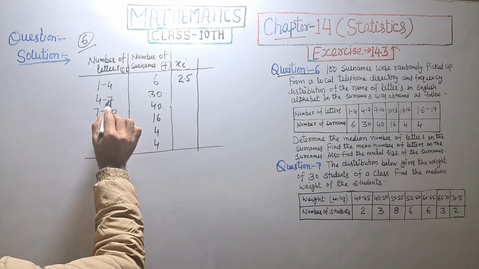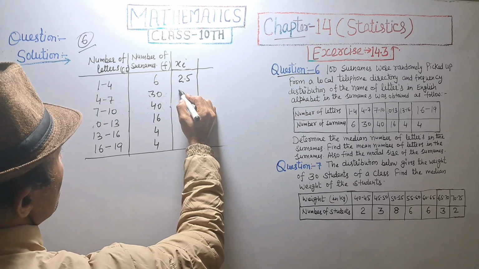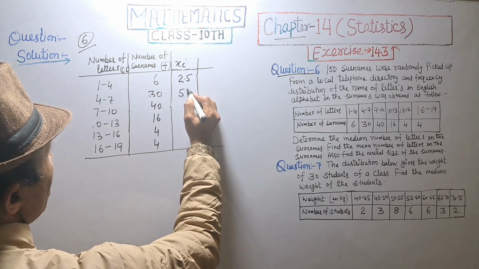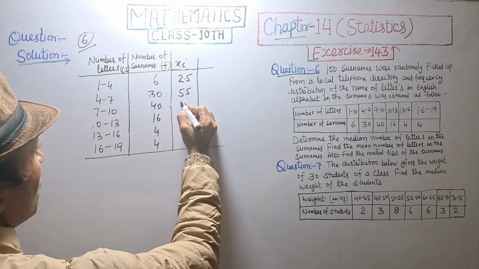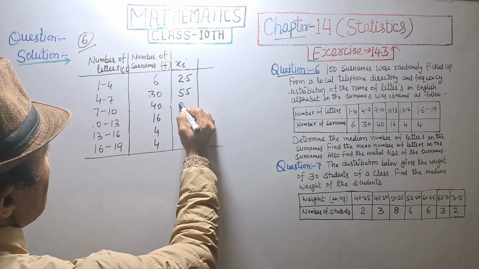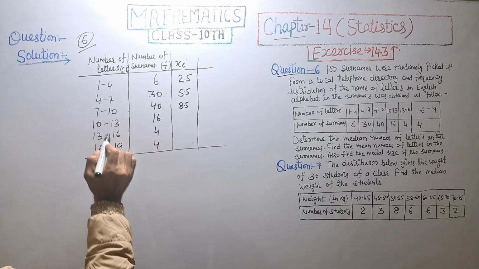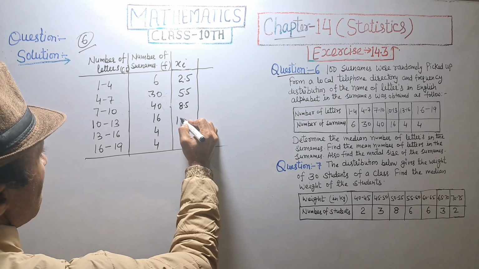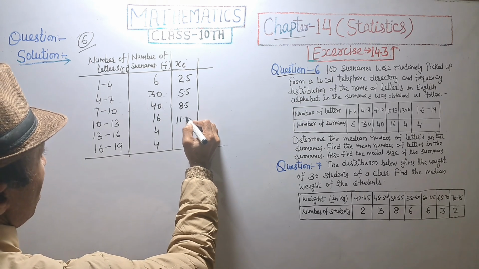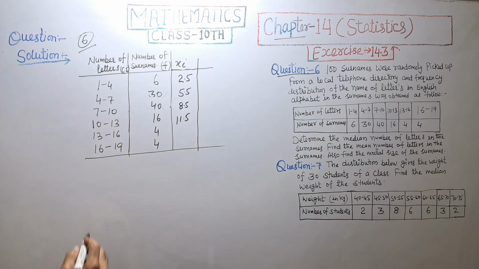And 4 plus 7, 11 upon 2, that is 5.5. 17 upon 2, that is 8.5. And 10 to 13, 23 upon 2, 11.5.